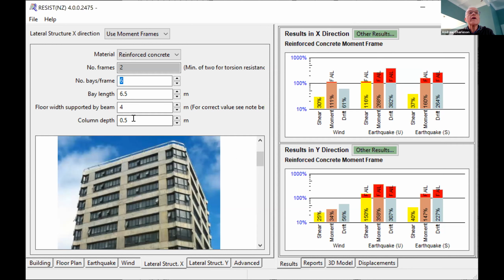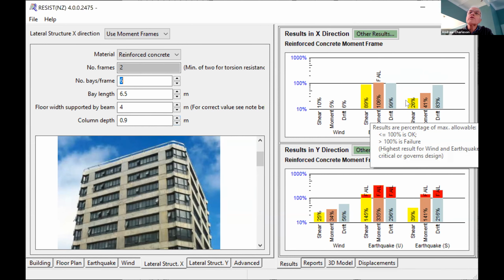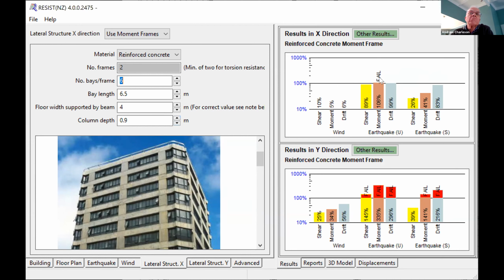and I increase my columns from 0.5 there to 0.9. And now these results are close enough. I mean, it's slightly failing, but not by much.